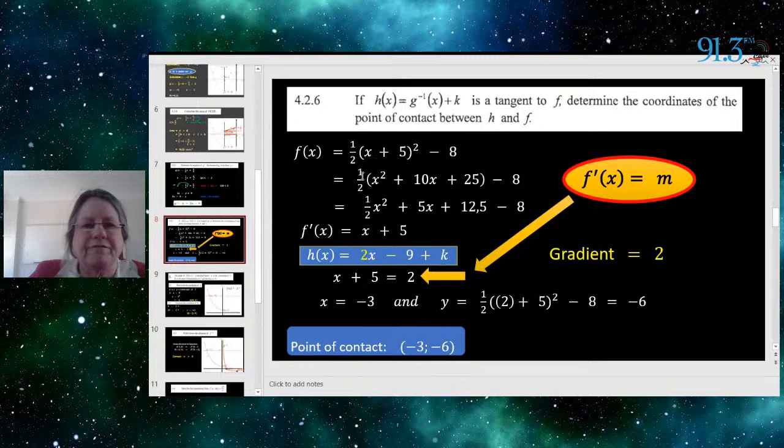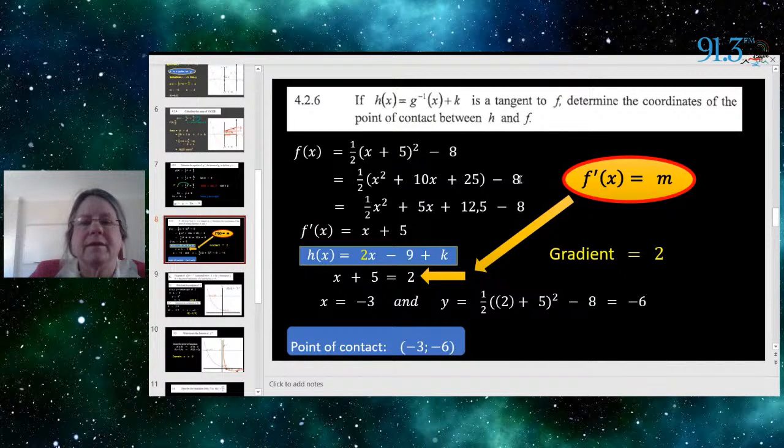So we leave the half, because remember, when we multiply something out, you do the brackets part first. So the half remains, open bracket, x squared plus 10x plus 25, close bracket, minus 8.